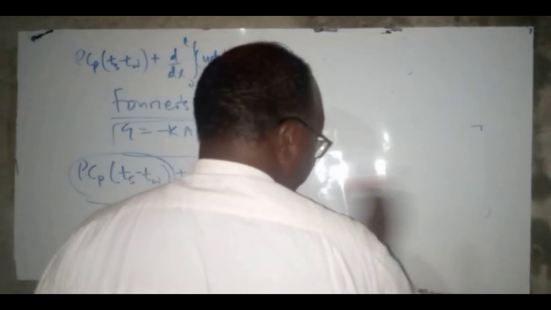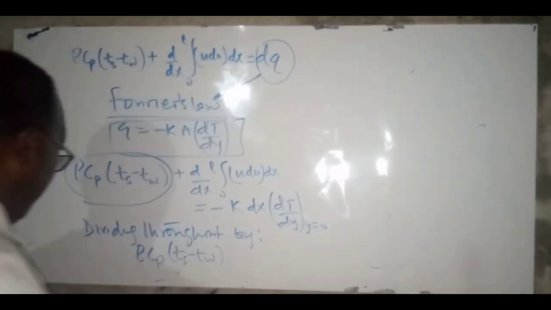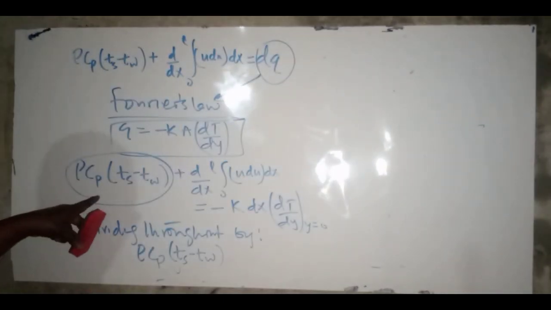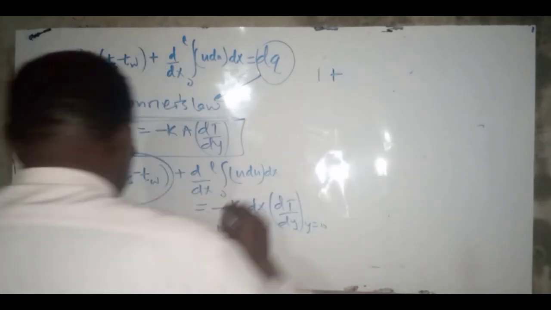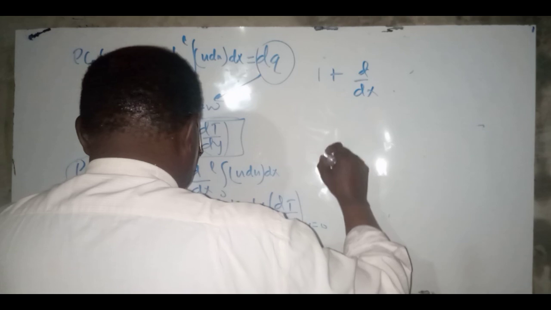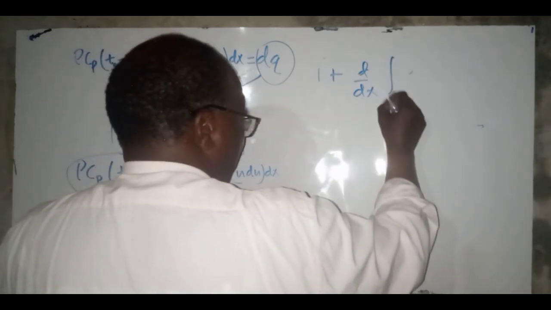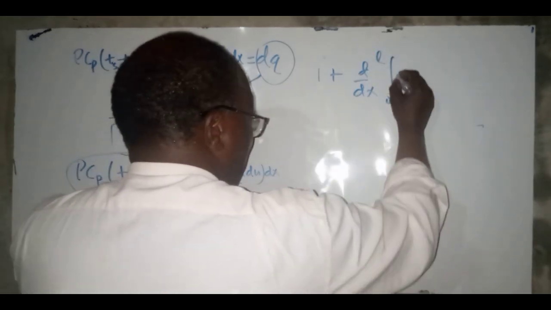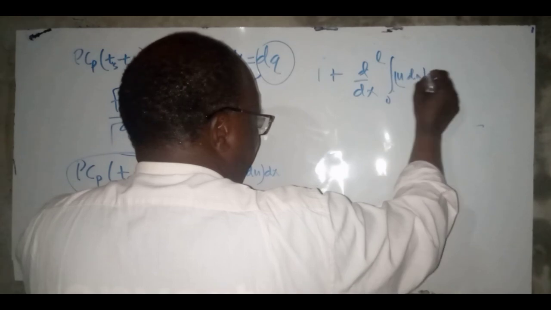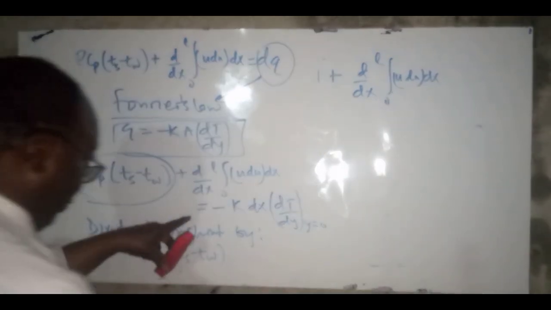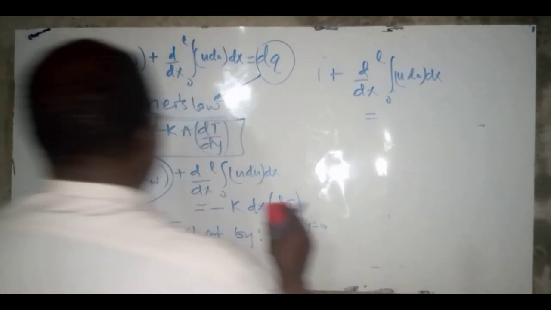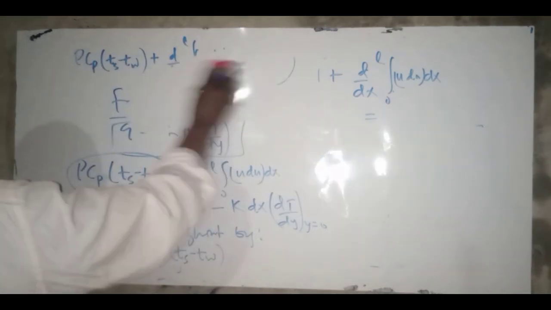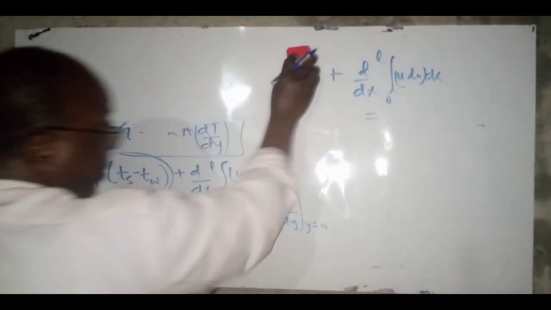Things are now taking shape. That will be 1 plus d/dx of the integral from 0 to L of u du dx is equal to, let me use the full board so that I don't break it down.